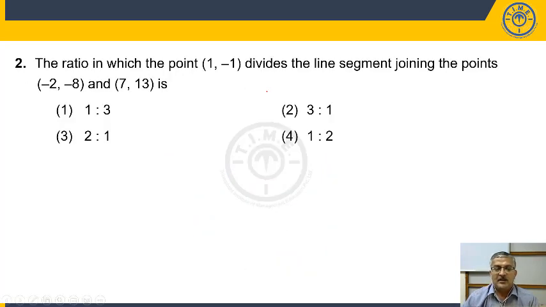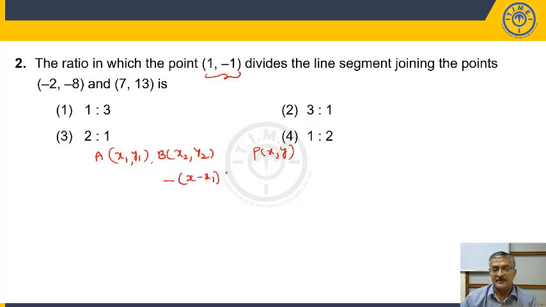Next, the ratio in which this point divides the line joining points. ఈ పాయింట్ అనేది ఈ టూ లైన్ జాయినింగ్ పాయింట్స్ని ఏ రేషియోలో డివైడ్ చేస్తుంది. మనకు ఫార్ములా తెలుసండి. ఇఫ్ x1 y1 అండ్ x2 y2 అనేవి 2 పాయింట్స్ అయితే P(x,y) divides these line joining points in the ratio minus of x minus x1 is to x minus x2.